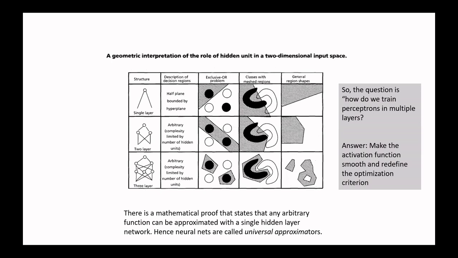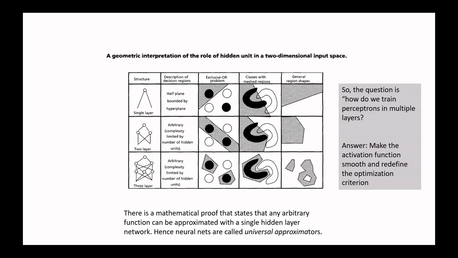So in this picture, I'm showing you what happens if you have a single layer or 2 layers or 3 layers. So if you have 3 layers, you can get fairly complex boundaries as well as regions which are disjoint regions. That means you can solve any classification problem using 3 layers of neurons as shown. All right.